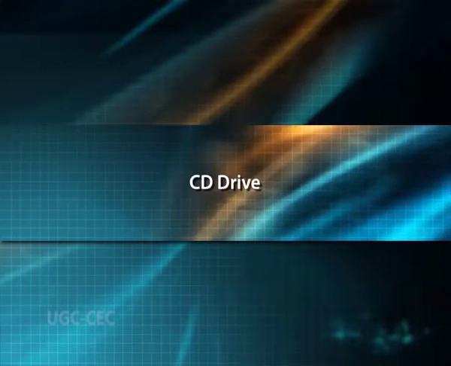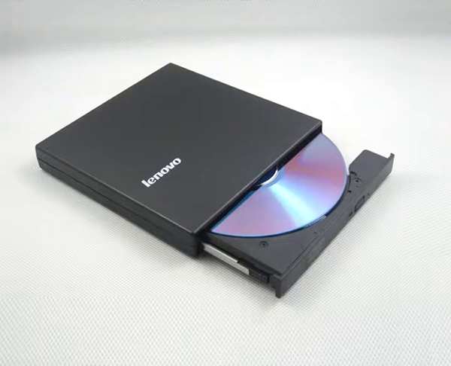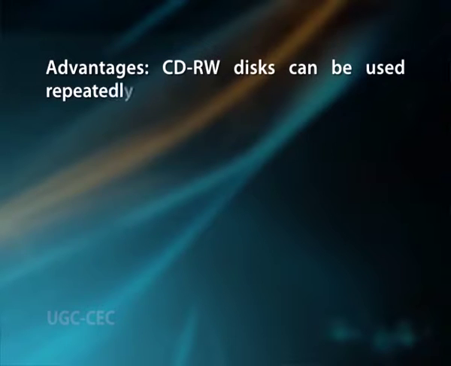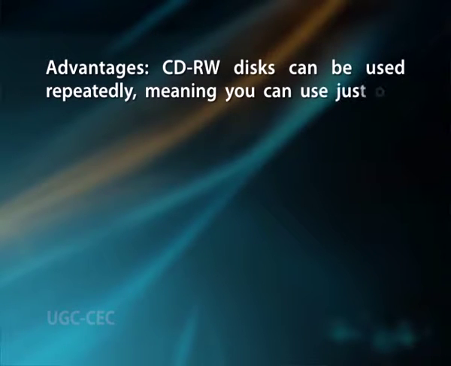CD drive. A CD-RW is a readable and writable compact disk. By writable, it means that data can be stored through it through the process called data burning. To be able to burn data into a CD-RW, a CD-RW drive is required. Advantages: a CD-RW disk can be used repeatedly, meaning you can use just one disk and overwrite data in it.